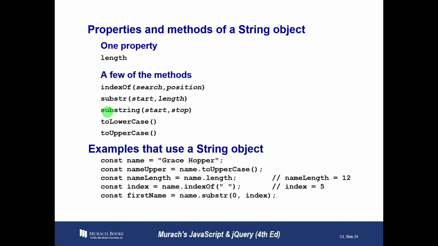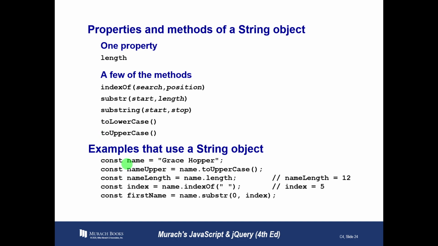Realize that if you've programmed in other languages, substring works slightly differently every time. JavaScript actually has 2 different substring methods. One is substr, where we give it a starting position and a length that we want to pull out of a string. The other one is the full word substring. We give it a starting position and a stop position. We also have functions that will convert the entire string to lowercase or convert the entire string to uppercase.